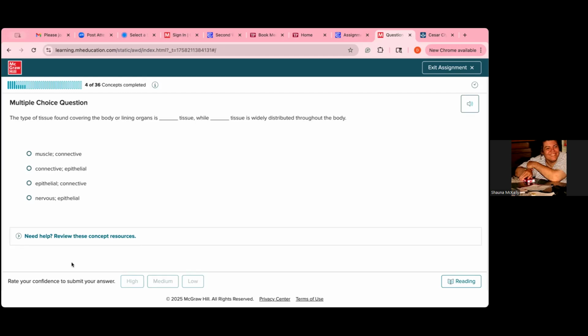What type of tissue covers body organs, covering the body? I think it would be connective. Connective is the second one. Connective tissue is widely distributed throughout the body. Skin covers the body, right? The type of tissue covering the body is epithelial tissue. So it's epithelial and connective.